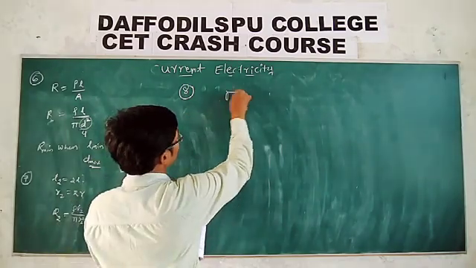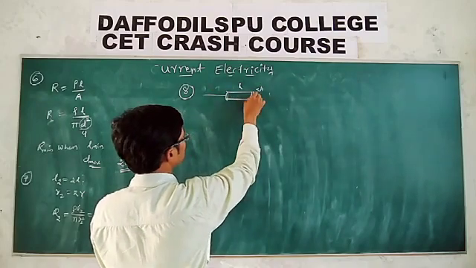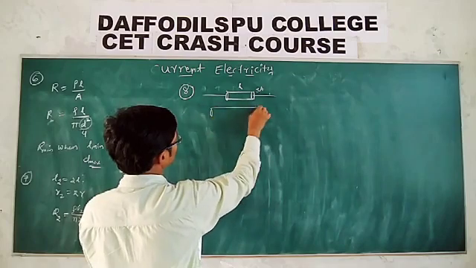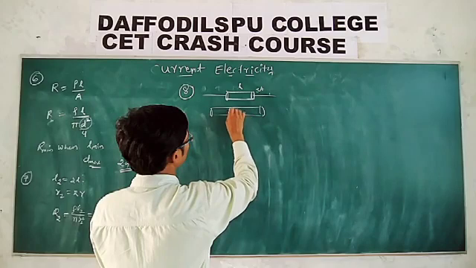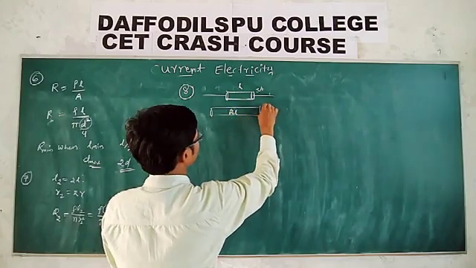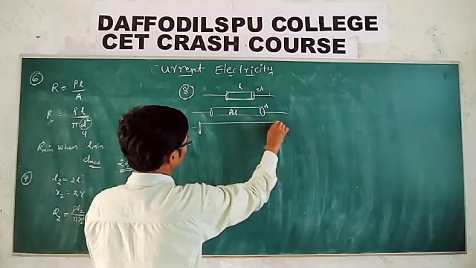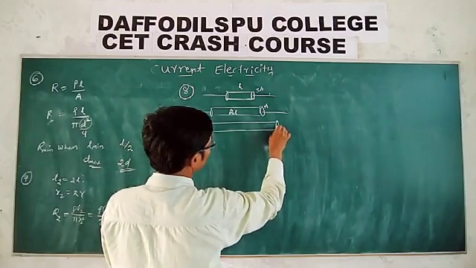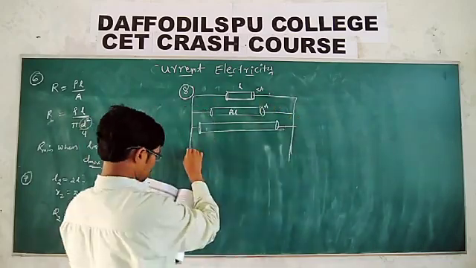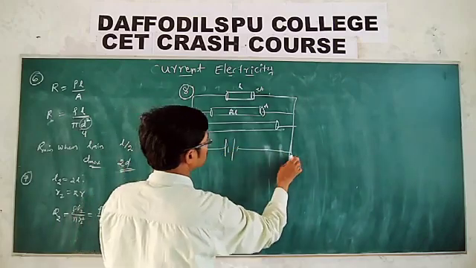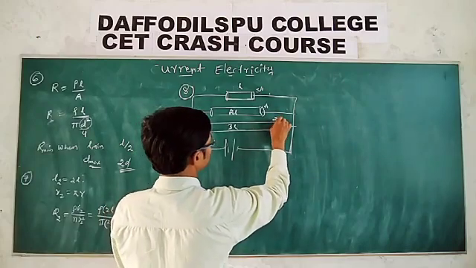Here they have given some network combination: L and 3A, then 2L and A, and 3L and 2A.